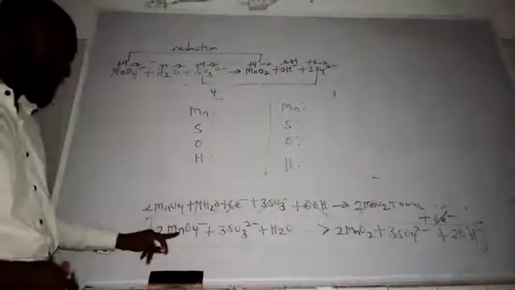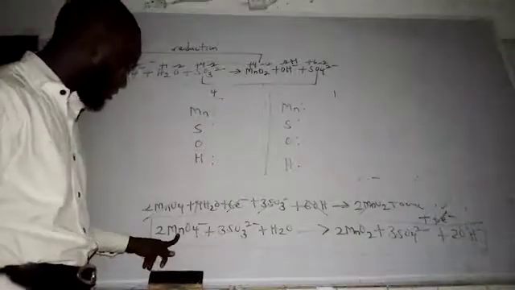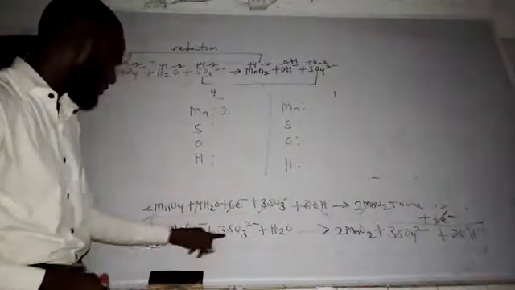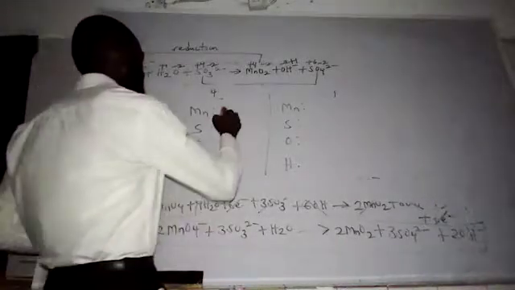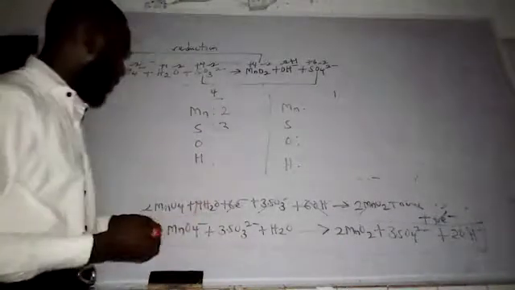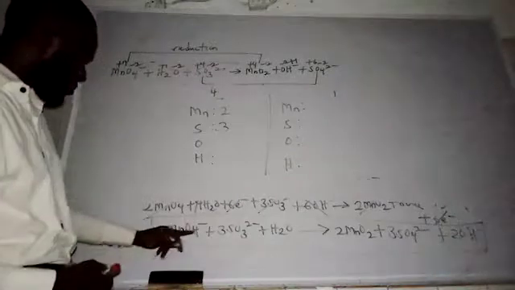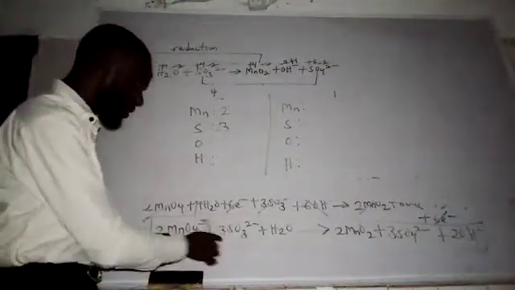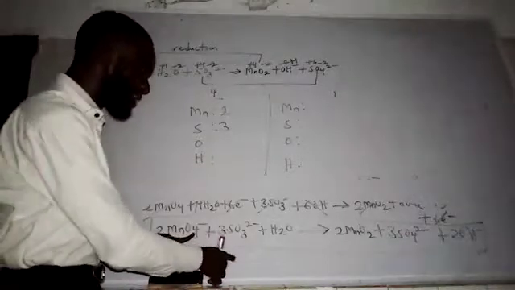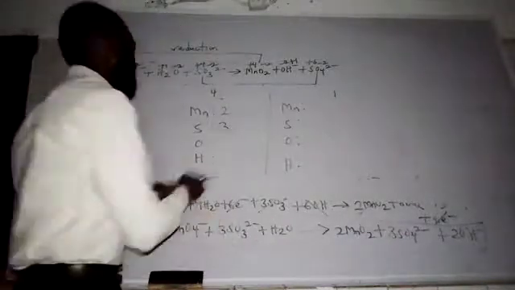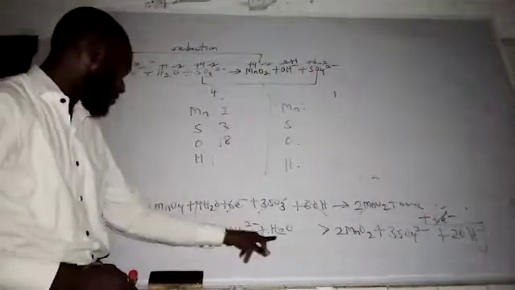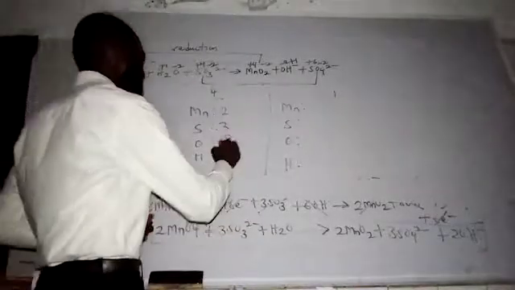I have 2 atoms of manganese, and 3 atoms of sulfur. For oxygen, I have 2 times 4, that's 8, plus 3 times 3, that's 9. 8 plus 9 is 17, 17 plus 1 makes 18. For hydrogen, I have 2 atoms on the left hand side, so that's simply 2.